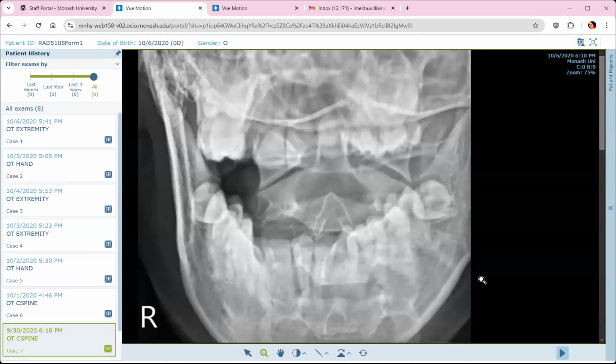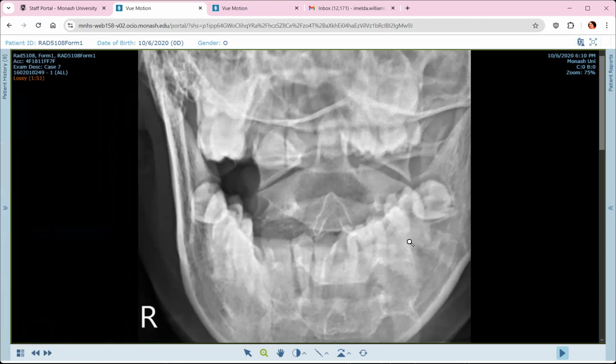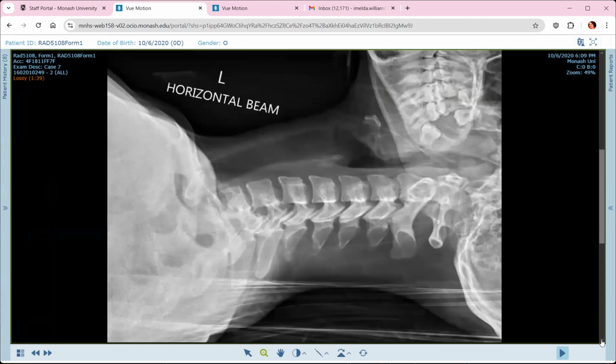So case 7 was a motor vehicle accident that happened at 40 k's per hour. The airbag deployed, and now there's some tenderness over the cervical spine, and they were querying whether there is a fracture. If we look on the open mouth view, we can see that the lateral masses align quite well. There is nothing there that indicates that there could possibly be a fracture. And when we look at the lateral view, we of course want to check for any disruptions in alignment.